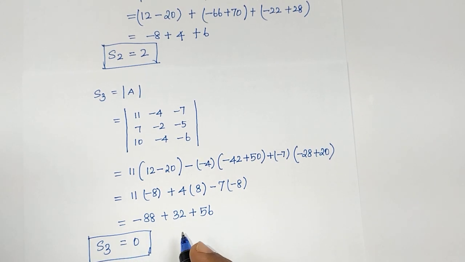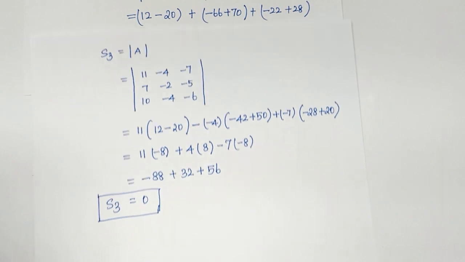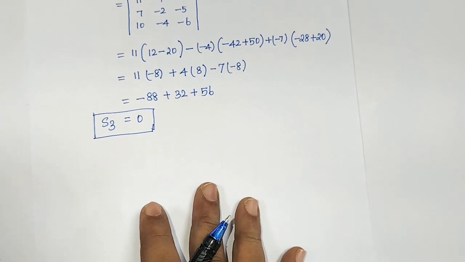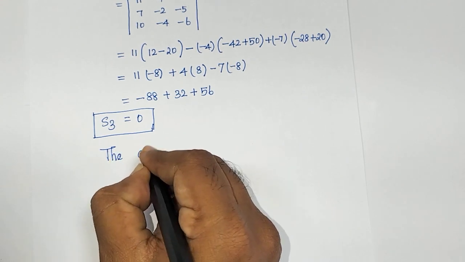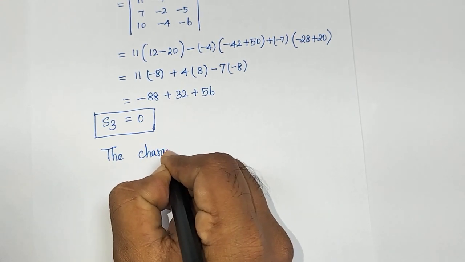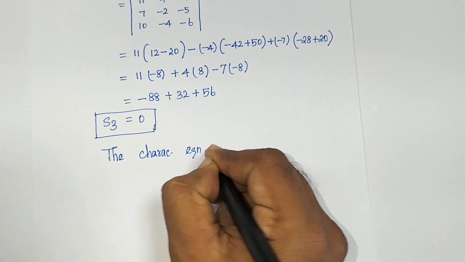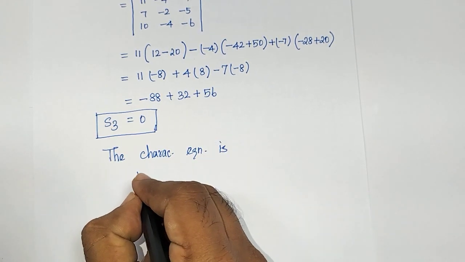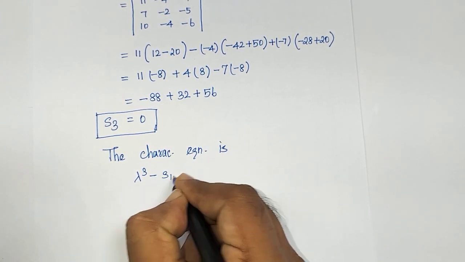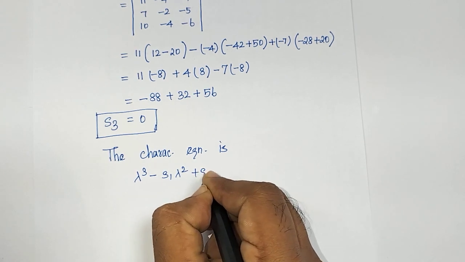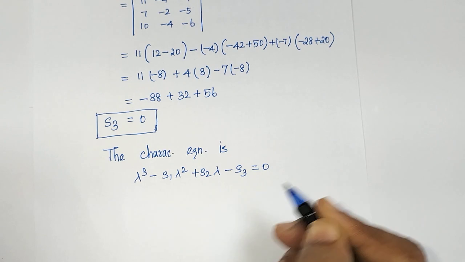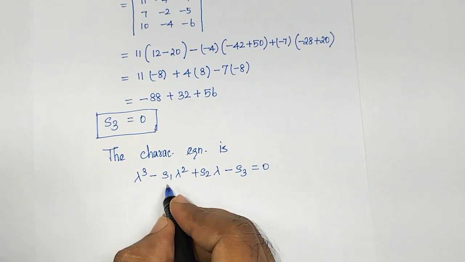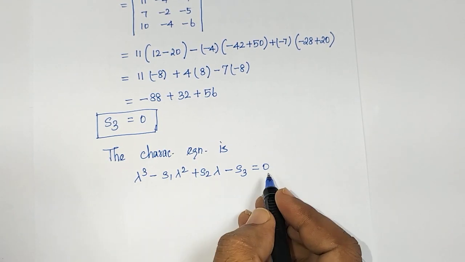So all these S1, S2, S3 I am going to substitute in the characteristic equation. The characteristic equation you already know: lambda cube minus S1 lambda square plus S2 lambda minus S3 equal to 0. Here we have to substitute S1, S2, S3.